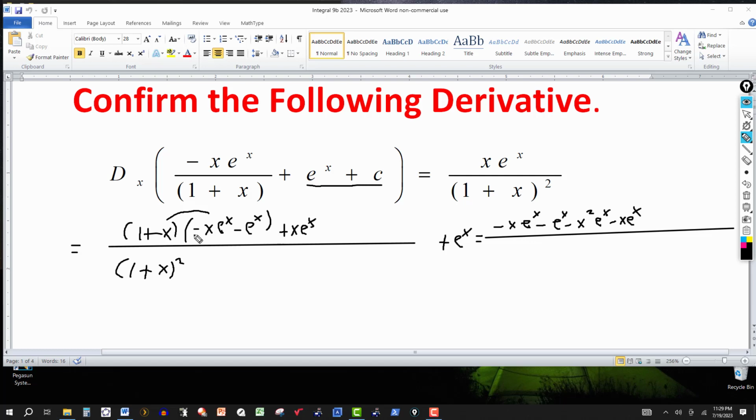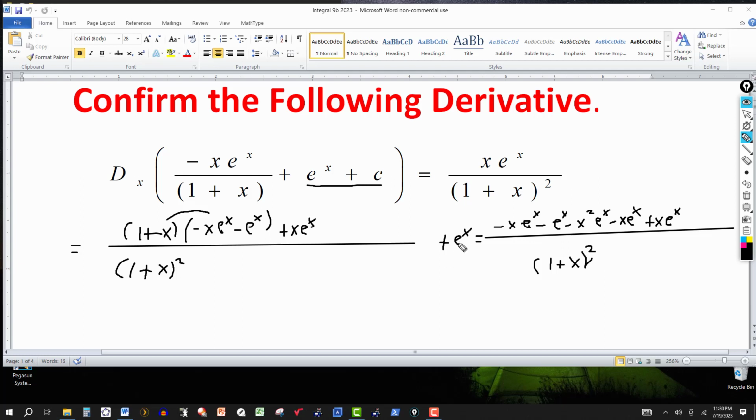So again, multiplying through by 1 first gives you the minus x e to the x, and the minus e to the x, then multiplying by x gives you a minus x squared e to the x. And then over here, I still got this x e to the x. And this is 1 plus x quantity squared.